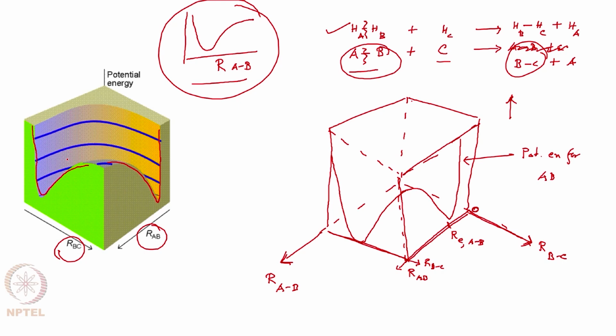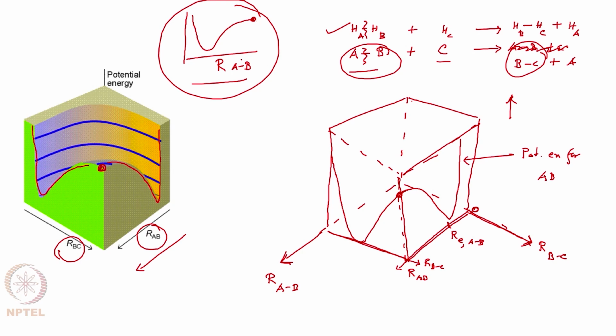Now this is a collinear reaction, so that's why we are talking about only two distances. It is something like ABC, where C is in the middle, and you can vary the AB distance and the BC distance. When you reach this point, you can think that along this RAB, the bond has basically dissociated, so it's a potential minimum, and then it goes towards the right.